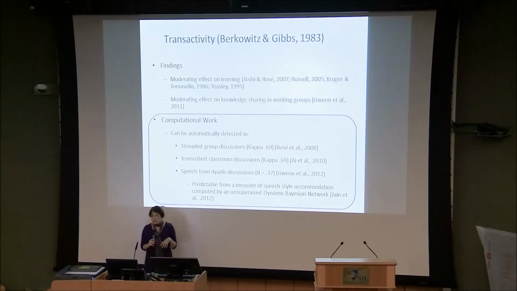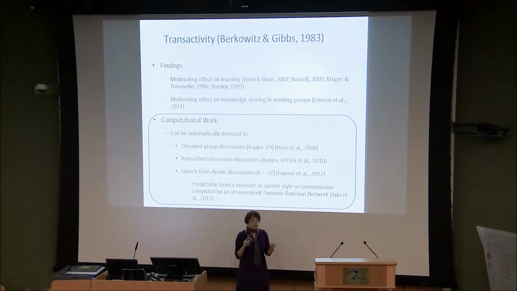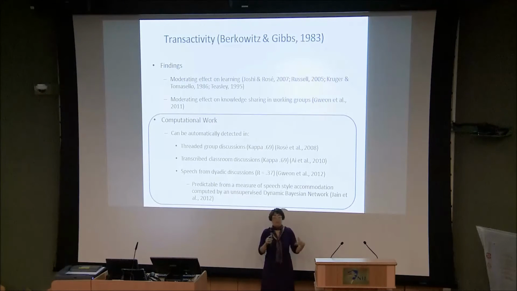So in our research over the past 8 years or so, we have a series of results in which we've taken machine learning technology and text mining technology and have used it to build models that can monitor collaborative interactions through language, many of those results focusing on the idea of transactivity.